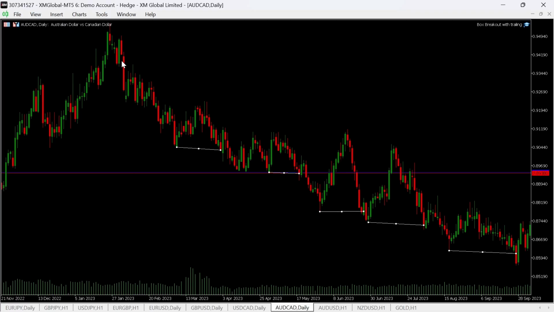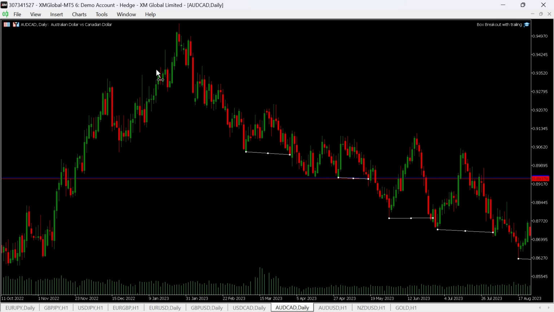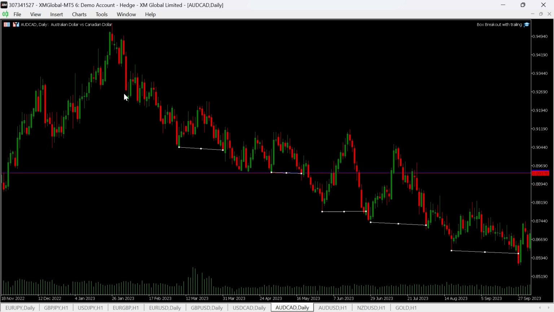So let's look for the lower lows and lower highs. Right here from the left, this was an uptrend. From here we formed a low which formed this high, and then lower low, and then lower high, and then this low was formed breaking this low here.